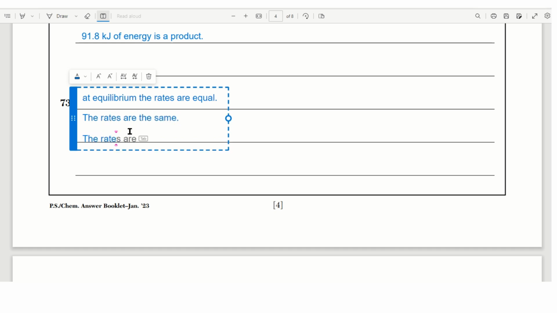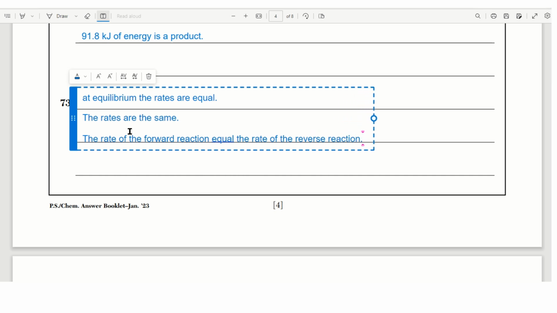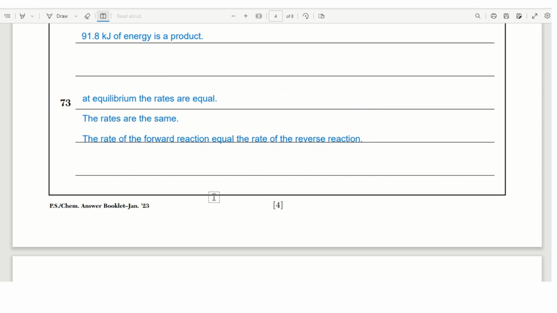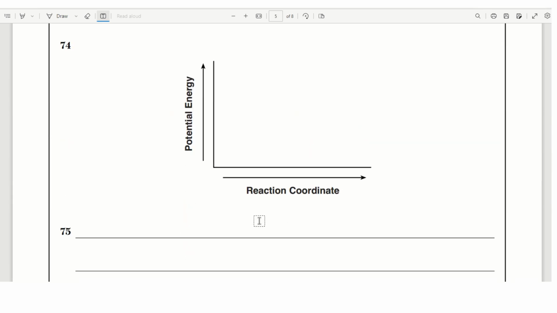The rate of the forward reaction equals the rate of the reverse reaction. Again, 3 acceptable answers. Please don't write them all. Choose one. All right, for number 74.